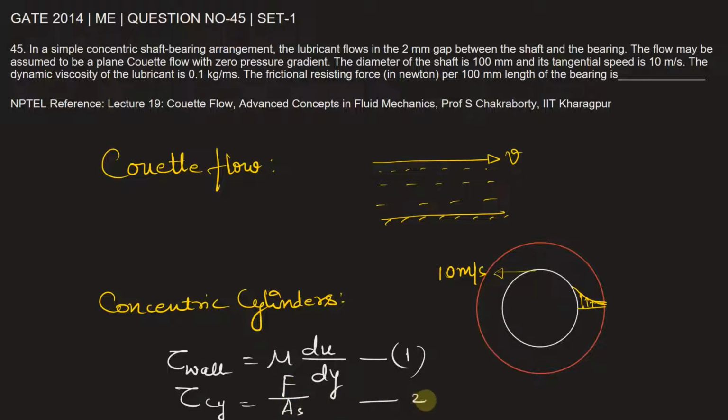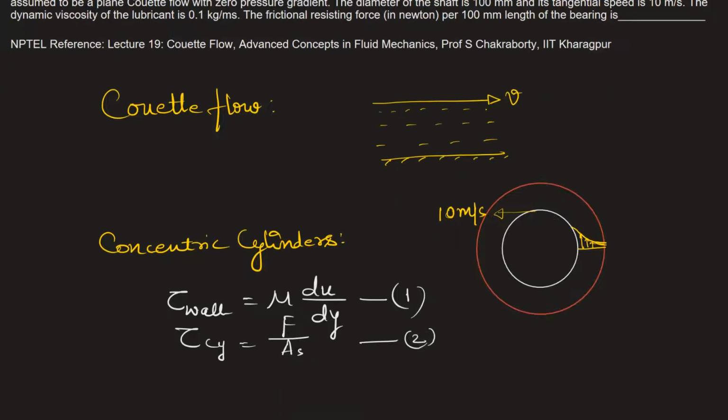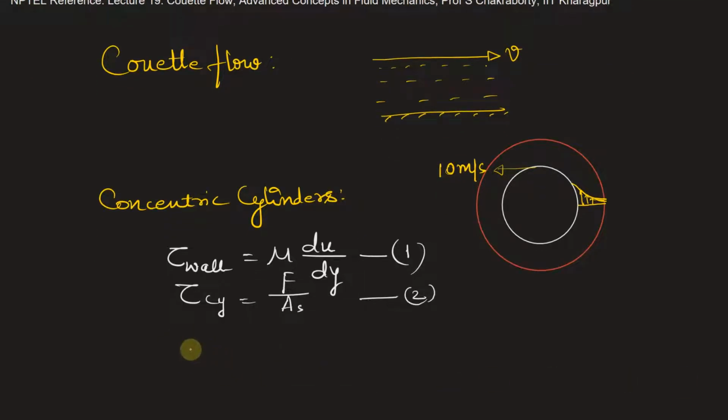Let this be equation number 2. Now if we equate these two equations and substitute the values, we can write mu value is 0.1, the dynamic viscosity, the change in velocity is 10 divided by 0.002, because that is the gap between these two, 0.002 meter.